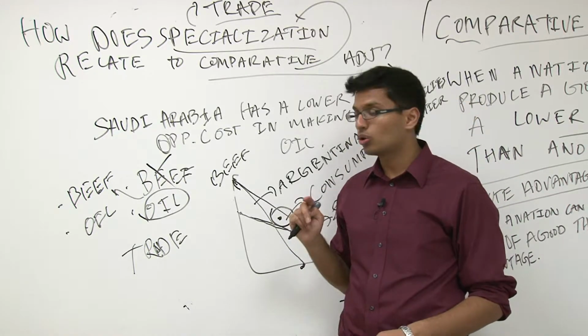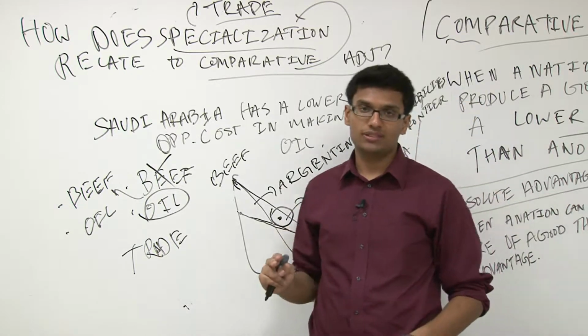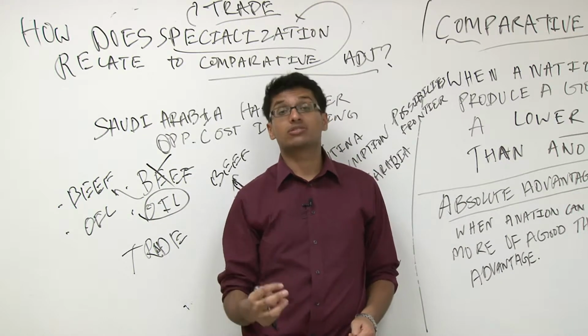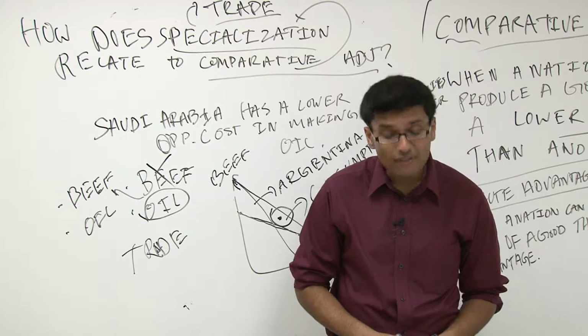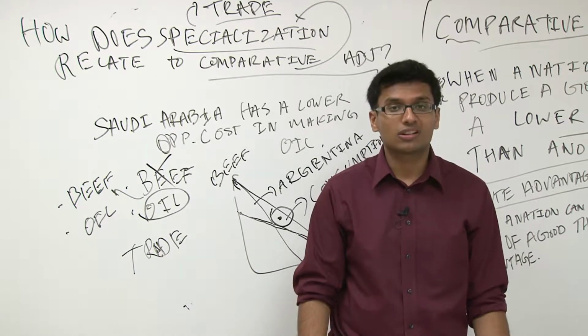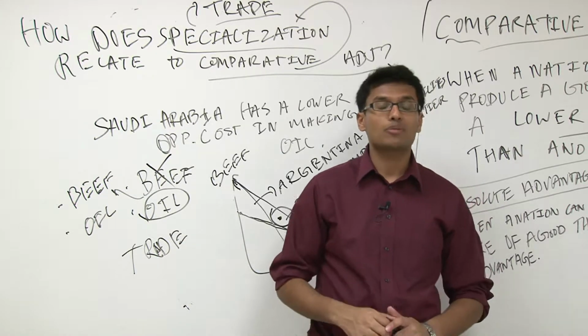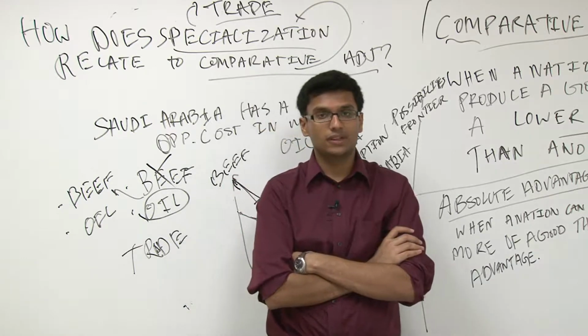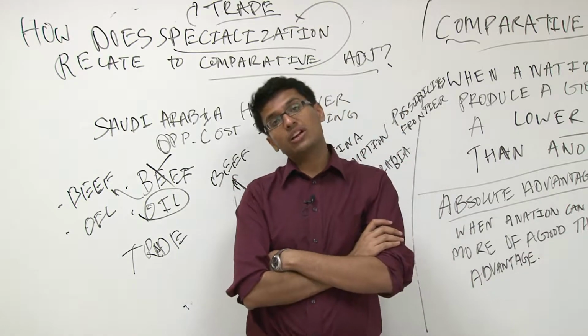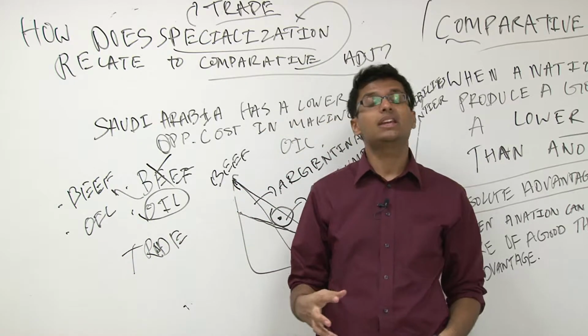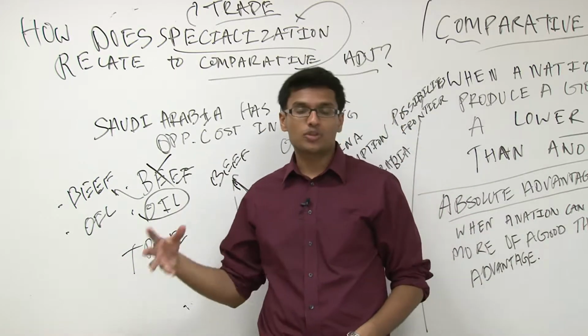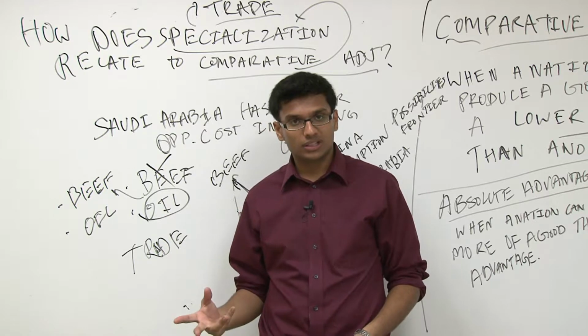Two, they get to control costs. Why is that, you say? Well, we've talked about specialization. We said that if Argentina specializes in beef, they have a lot of beef, so they get to control their costs. So they get to have a lower opportunity cost of producing beef. Whereas in Saudi Arabia, where people have a lot of oil but not so much beef, they have a lower opportunity cost of producing oil.